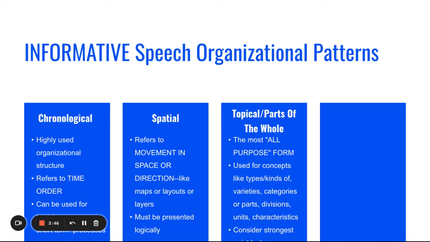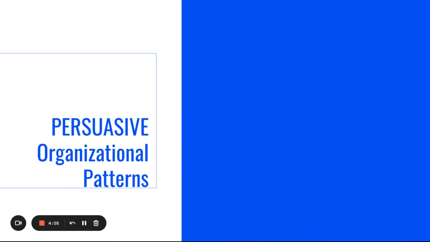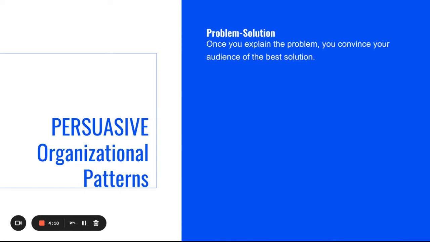Middle points get lost sometimes, so make sure to bookend with your strongest points. But think about topic, it's just how it logically makes sense. This is a logical way to organize this. Cause and effect refers to speeches about causes and the origins of the cause, the source of the cause, the results, and the consequences.